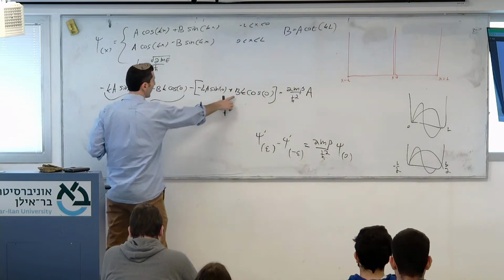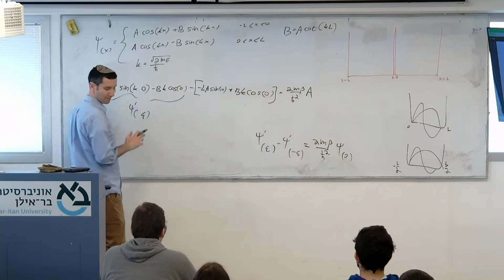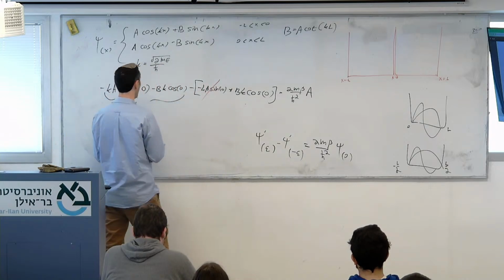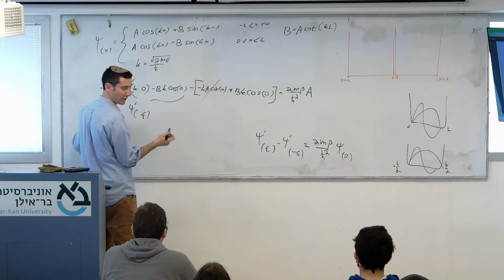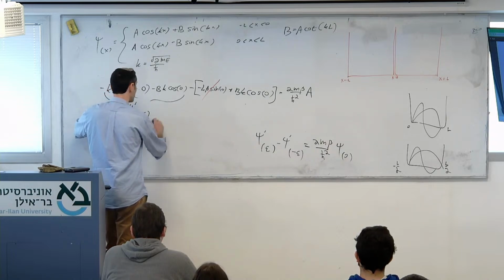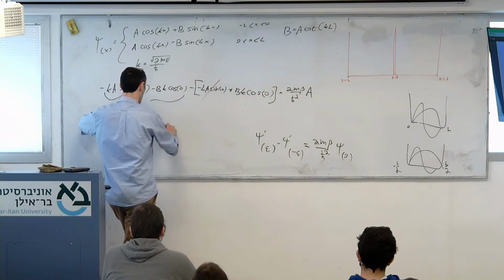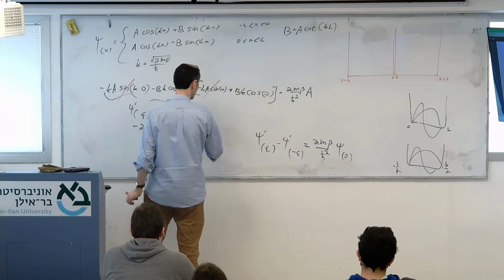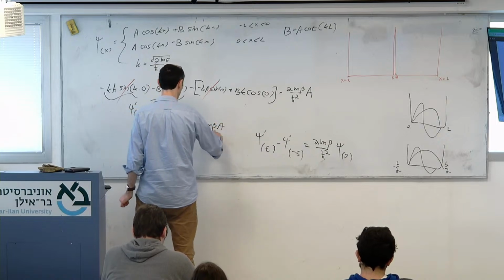Okay, now instead of b, I can write a cotangent. First, I want to cancel out the signs. I have here minus 2 times b times k because I have k here, is equal to 2m beta a over h bar squared.